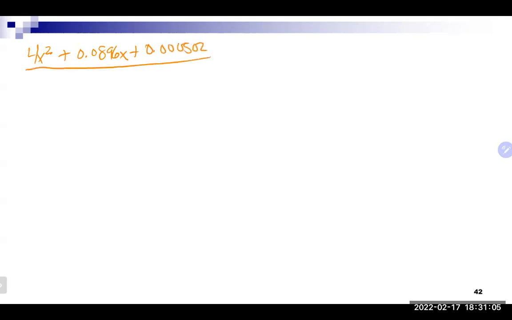On the bottom, we ended up with x squared minus 0.0104x plus 0.000258, and that equals our equilibrium constant of 54.3.